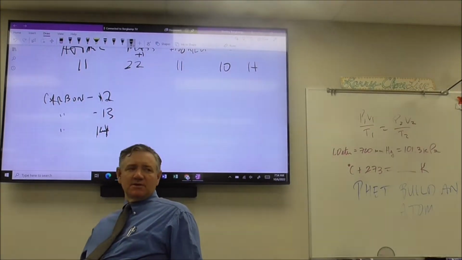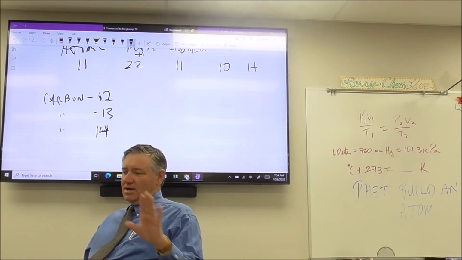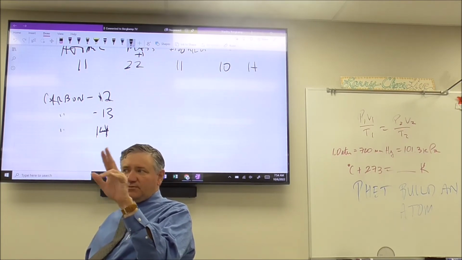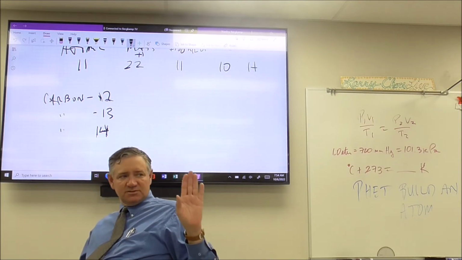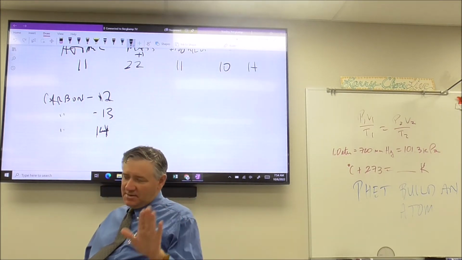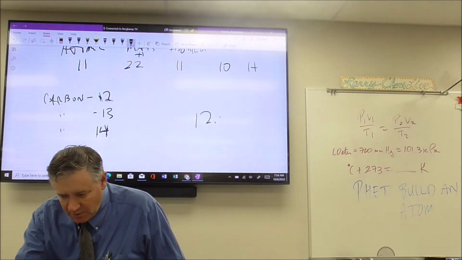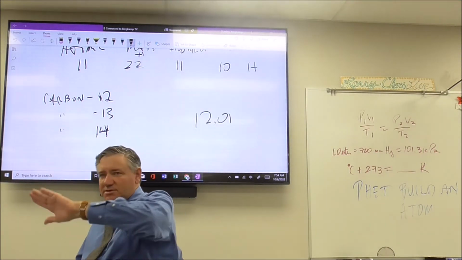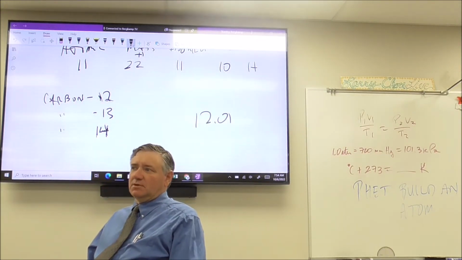And if I tell you that I took the average of 1,000 scores, and those are the only 3 possible scores, 12, 13, or 14, the average score was 12.01.